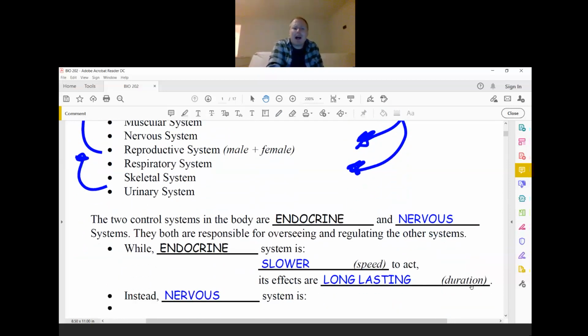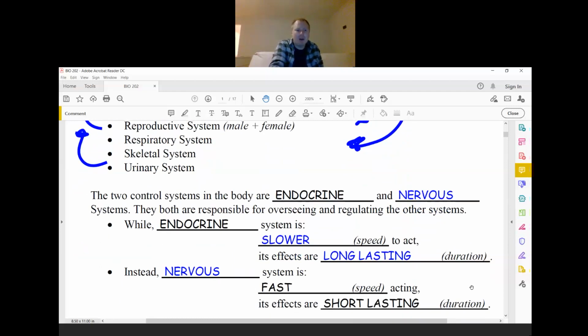The other thing that I wanted to highlight, kind of getting us to think about the endocrine system, is that we've talked earlier on about the nervous system. And the nervous system is another example of a control system or a signaling system in the body. You finished the nervous system, I think, at the end of the BIO201. One thing that you saw about the nervous system is that it always sent very fast electrical impulses, and these electrical impulses were very short lasting.